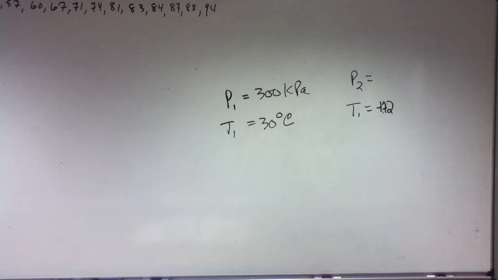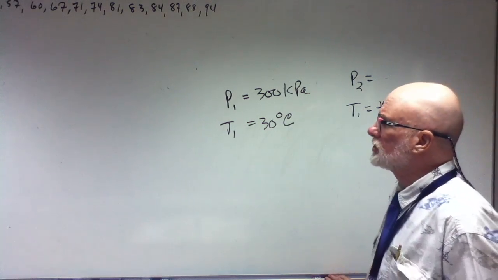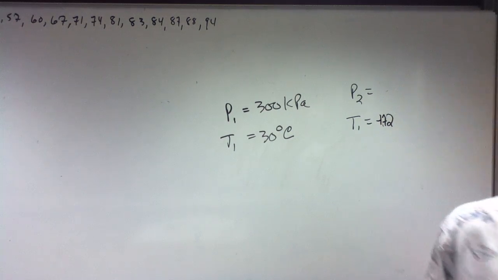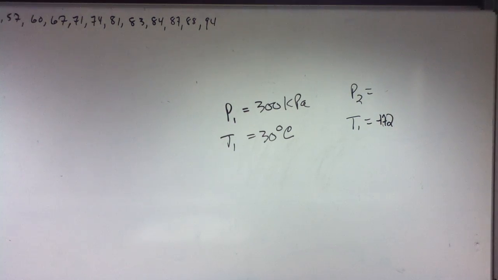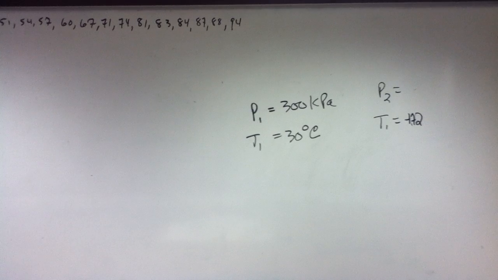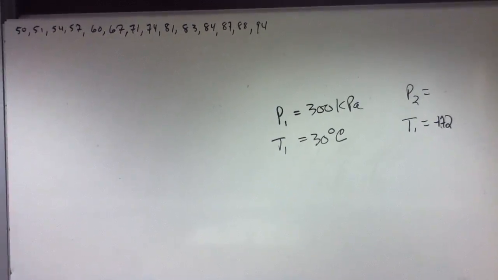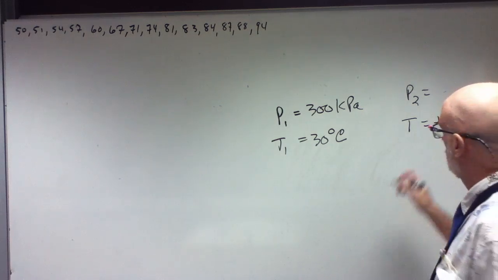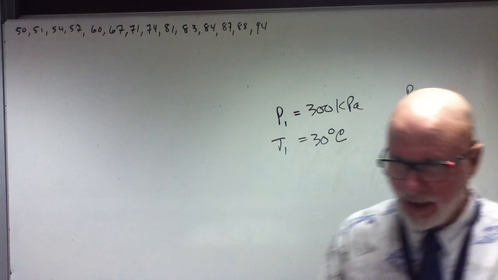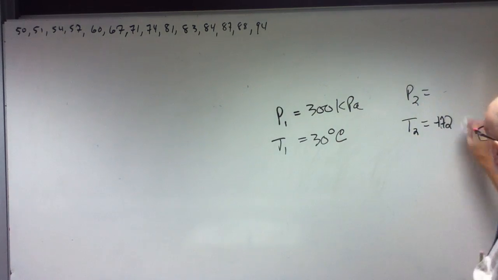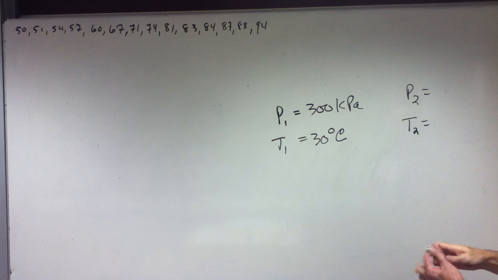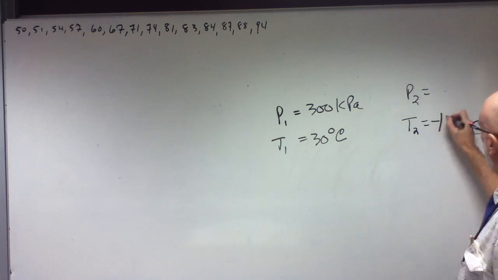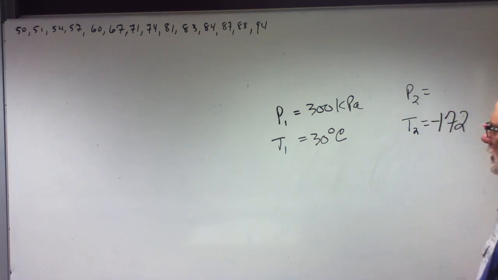All right, let me move these down just a pinch so you can see the numbers that we're doing. T2. Let me write that a little bit nicer. Negative 172. Okay, good.